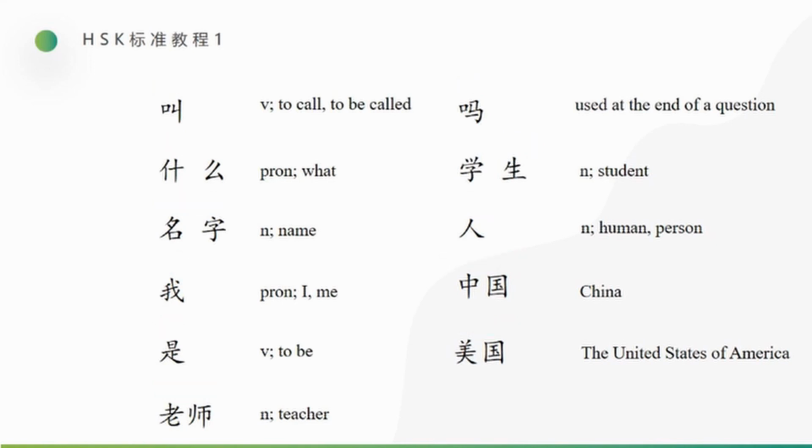Can you have a try? 叫什么名字，我是，老师，吗，学生，人，中国，美国。Very good.